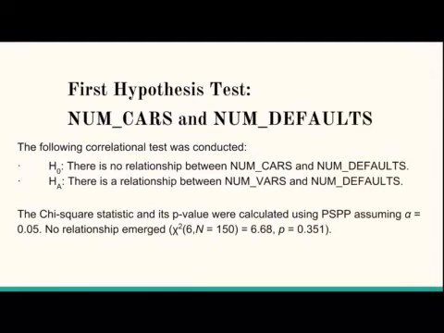The chi-square statistic and its p-value were calculated using PSPP, assuming an alpha of 0.05. No significant relationship emerged. You can see here the statistical data that was drawn from that. Chi-square says that df is 6, n equals 150, and overall that equals 6.68 with a p-value of 0.351.